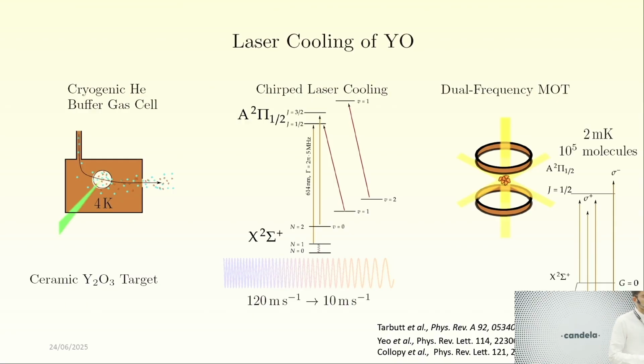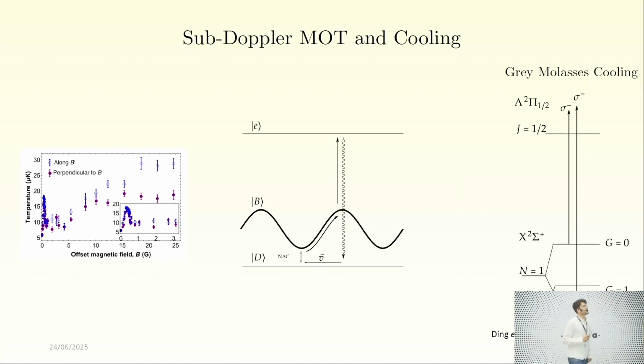Of course, this is not sufficient for accessing the ultra-cold regime, so we employ sub-Doppler mechanisms. Yttrium monoxide is again a little bit special among the diatomic molecules. It has a special ground state structure. The oxide has no nuclear spin, and the only nuclear spin is the yttrium.